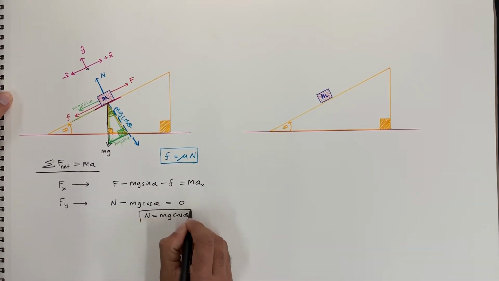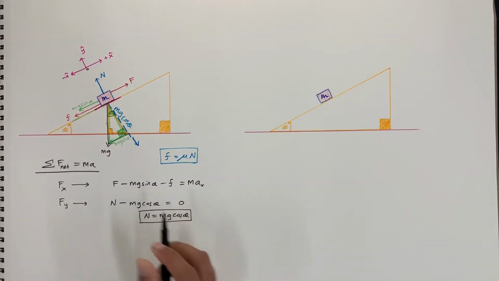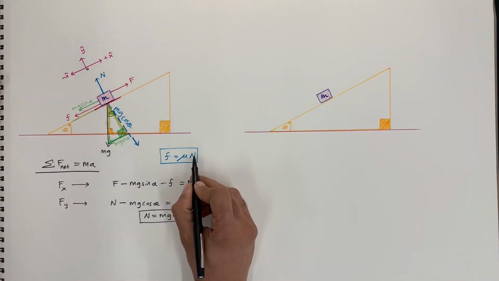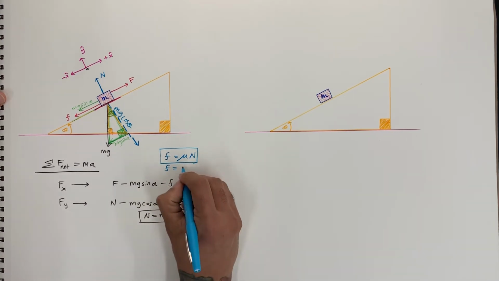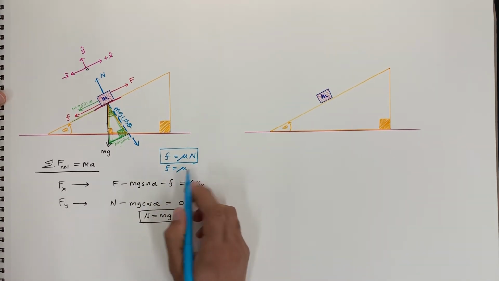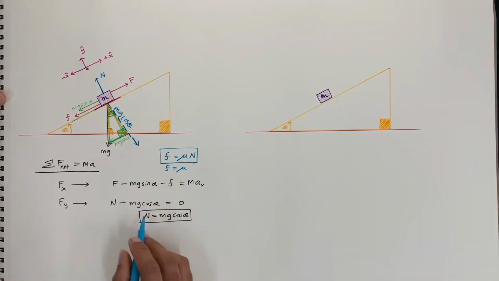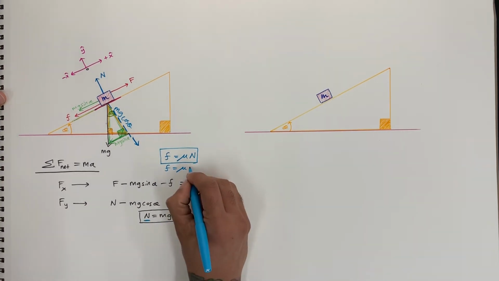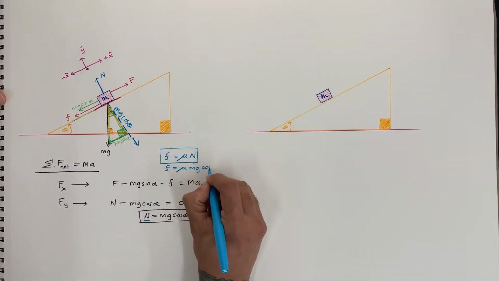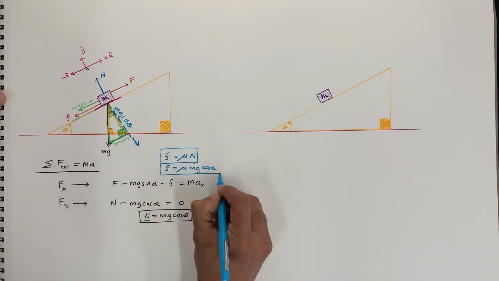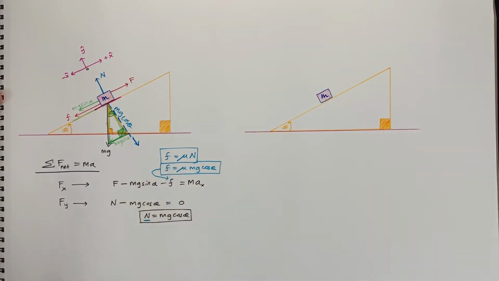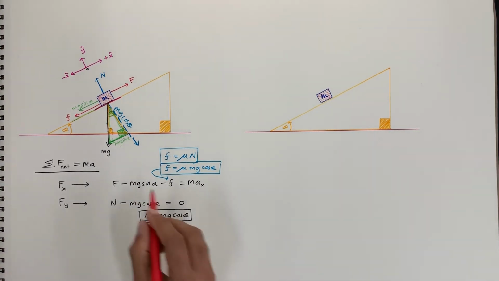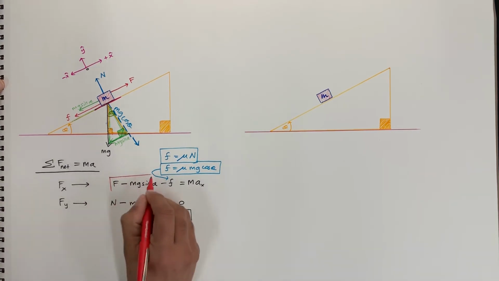Okay, so we take this normal force and we plug it into here. And now for friction, we're going to have mu, the coefficient of friction, times n, which we just found here to be mg cosine theta. Okay, so we're going to plug that into there. And let's rewrite the force in the x direction.